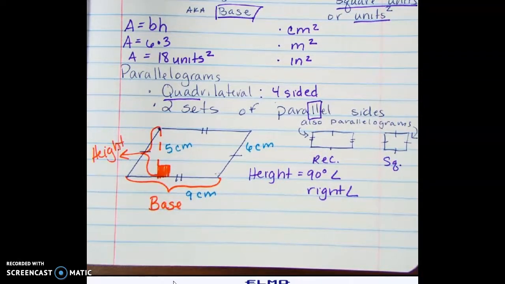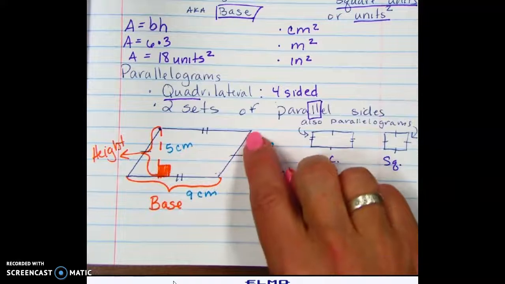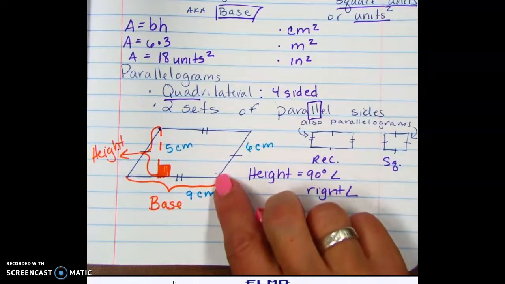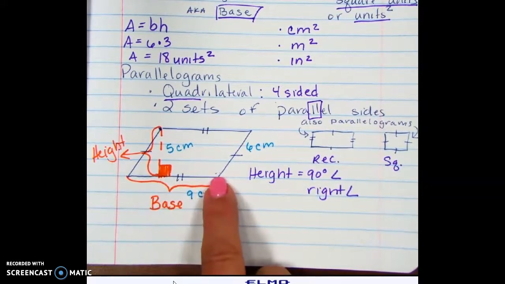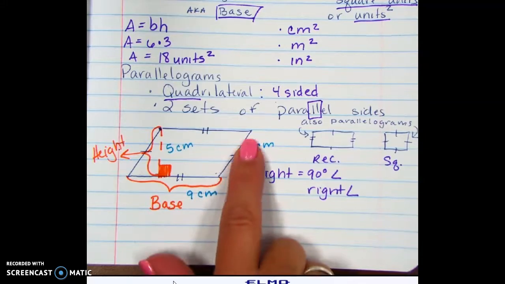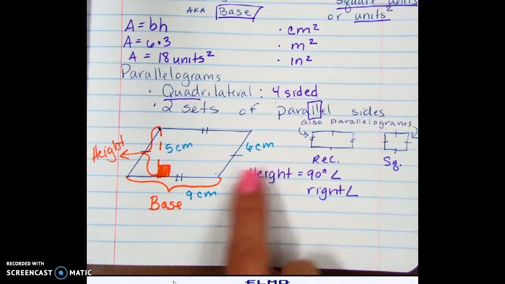Now, when you're to find the area of this, we only need two dimensions. Well, we can't use this because it's not the height. Notice, here's my 90-degree angle. This is greater than 90. That's smaller than 90. So I would not use this one here.